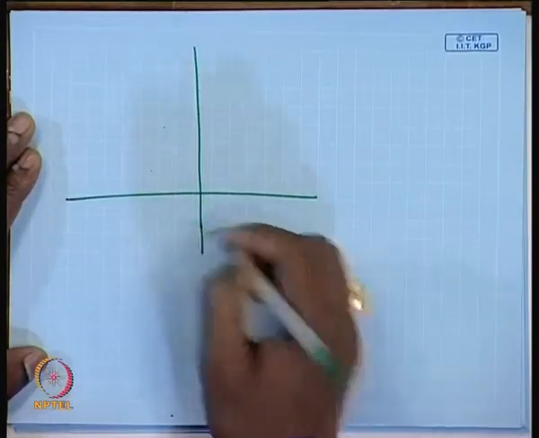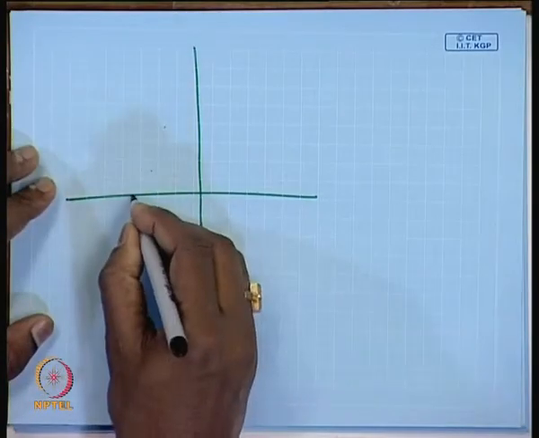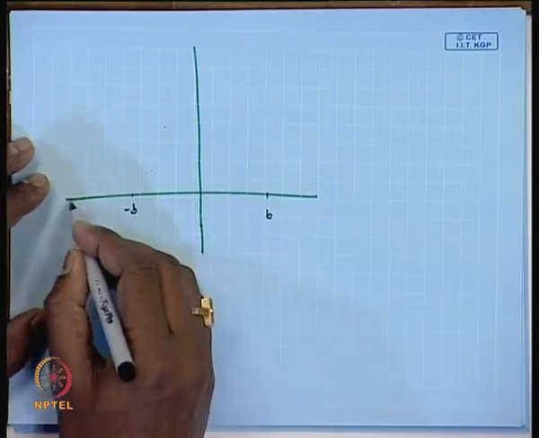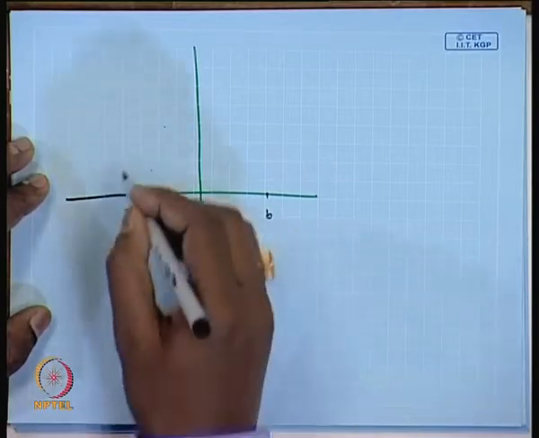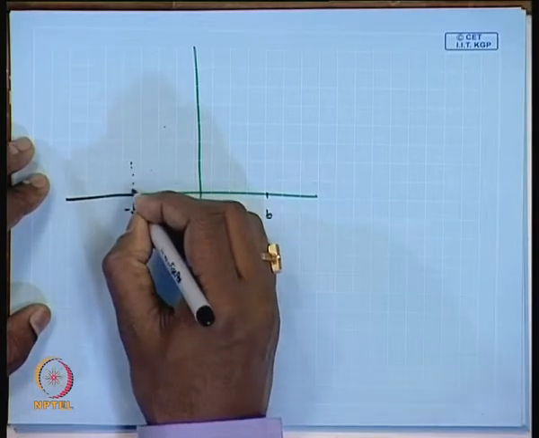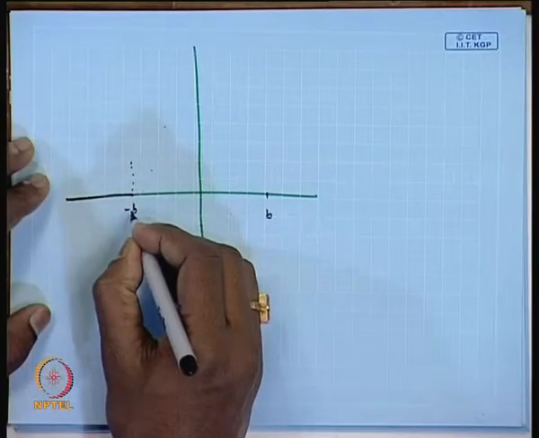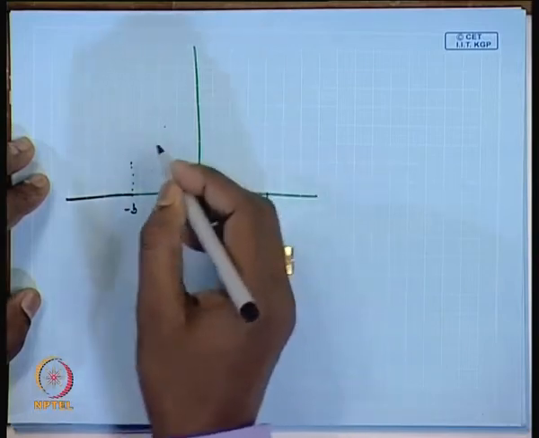If this point is your minus b and this point is your plus b, then the CDF comes up to here, and this is just an indicative line, because at b it is equal to that particular value of y.